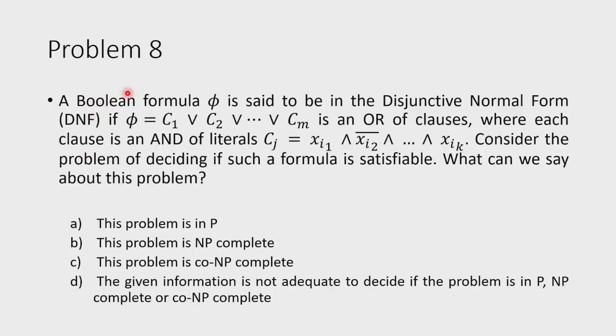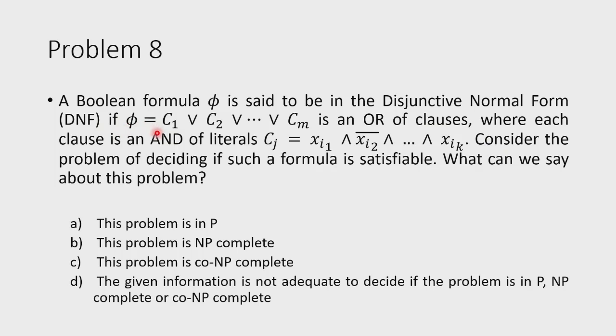So the next problem is: a Boolean formula phi is said to be in disjunctive normal form, DNF, if phi is C1 or C2 or up to Cm, that is, it is an OR of clauses, where each clause is an AND of literals. So for example, Cj looks something like xi1 and xi2 complement and so on up to xik.